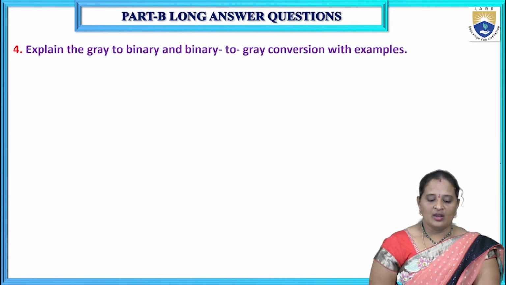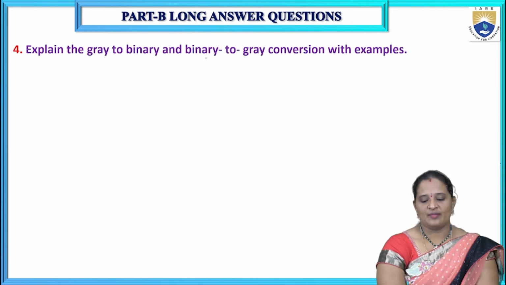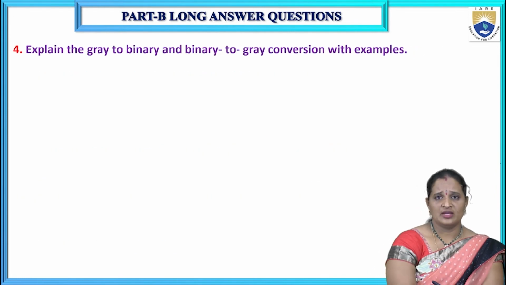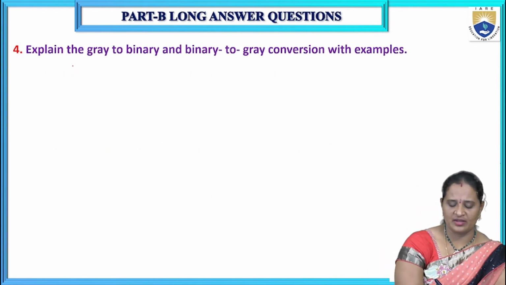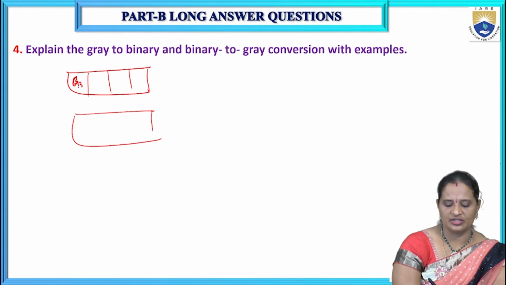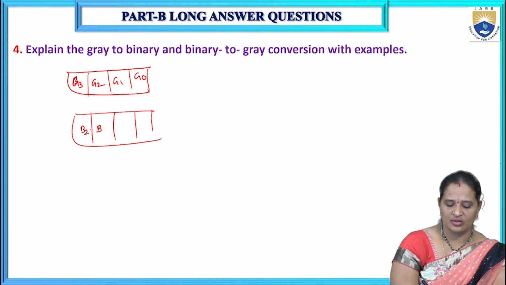Now explain gray to binary and binary to gray code conversions with example. So here, gray to binary code. We already know that if we have a gray code, the binary code can be obtained simply. For example, this is gray code G3, G2, G1, G0, and this one is binary code B3, B2, B1, B0.